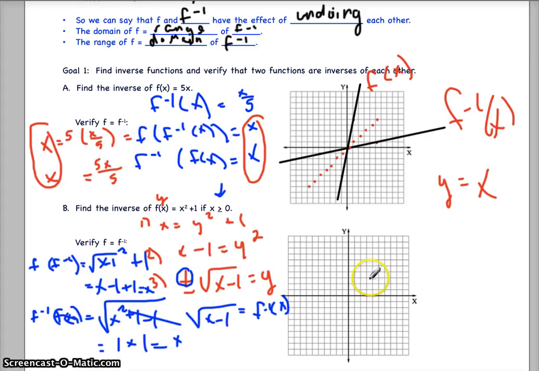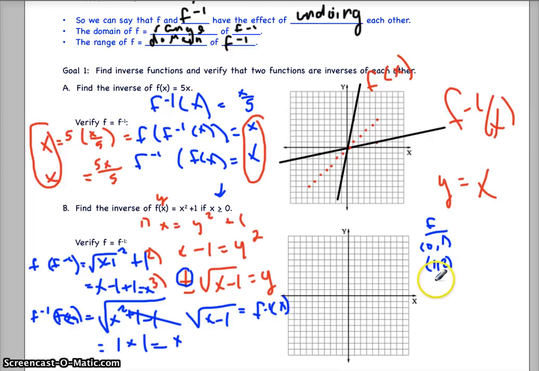Let's verify by graphing just to prove. So when we get ready to graph the function f, which is x squared plus 1, I'll make a quick table of values. I know when I plug in 0, 0 squared is 0, plus 1 is 1. I'll plug in 1, 1 squared is 1, and 1 plus 1 is 2.